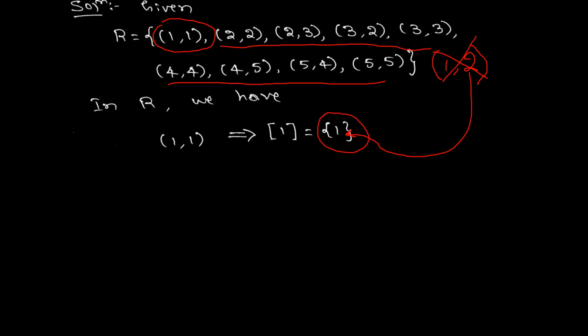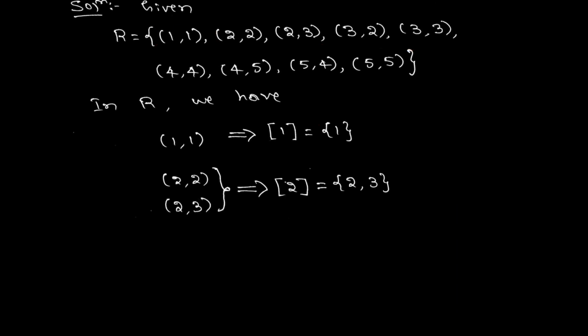Now let us go for 2. We are going to find the equivalence class generated by 2. That means we have to collect the elements to which 2 is related. There is one pair in which 2 is related to 2, so we take 2 here, and there is one more pair in which 2 is related to 3, so we take 3. So what have we done?